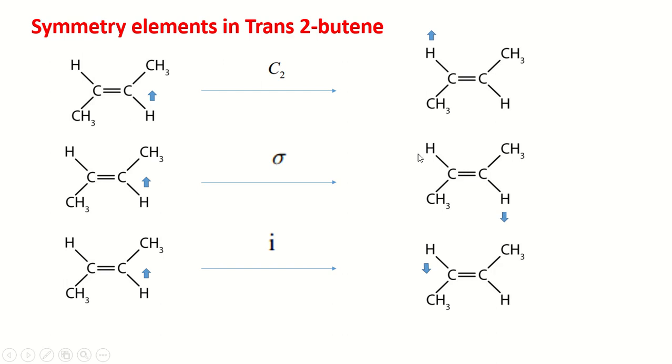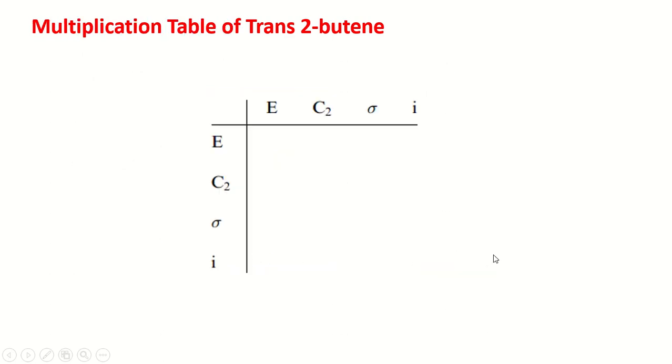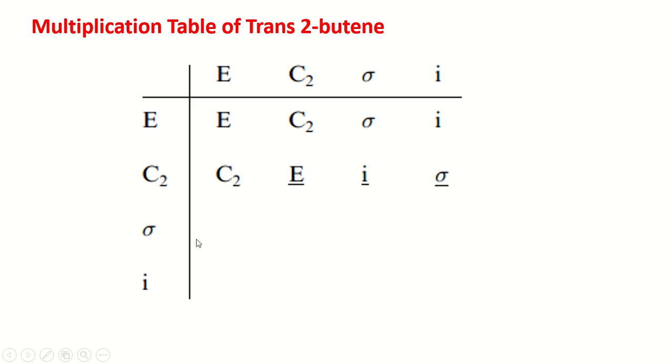Then this hydrogen will definitely go over there, but the position of the arrow did not change. If the position of the arrow did not change, but the hydrogen is over there, then this result would be equal to inversion center. So we had better write inversion center over there.